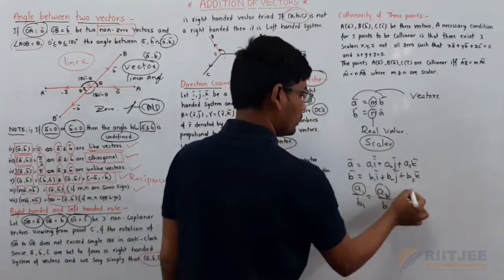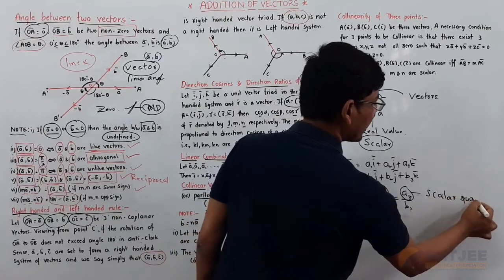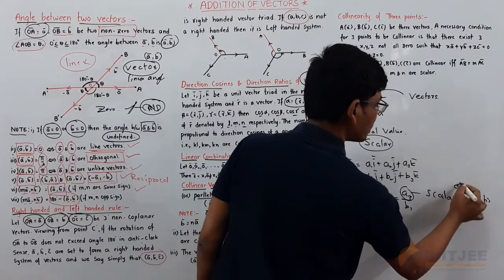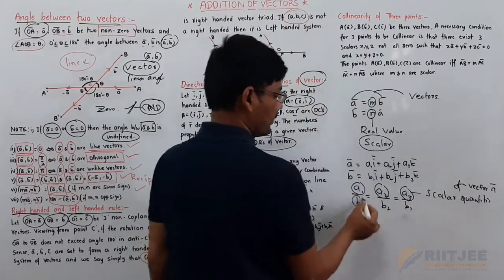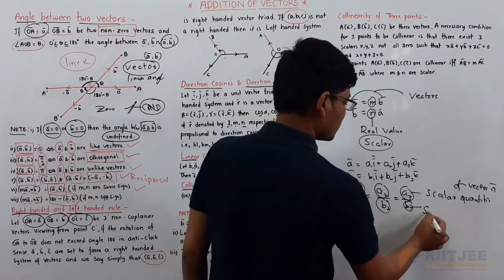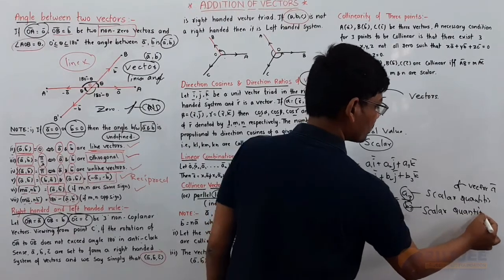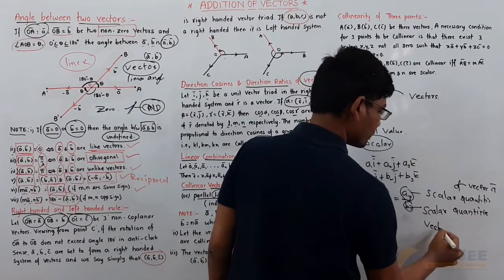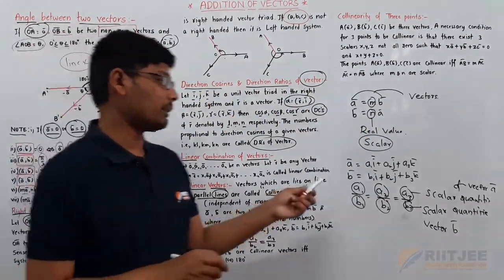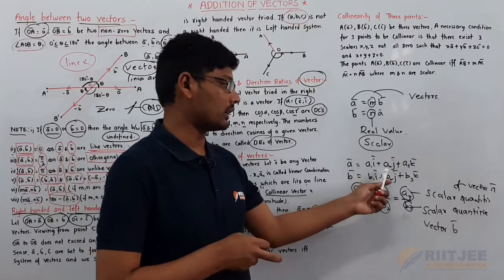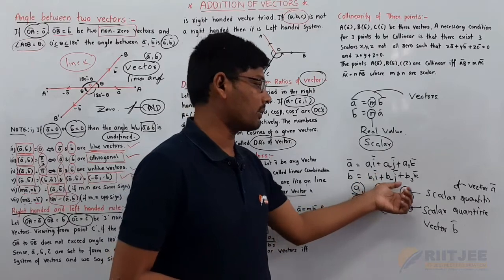Here a1, a2, a3 are scalar quantities of vector a bar, and b1, b2, b3 are scalar quantities of vector b bar. Here we have two vectors, a bar is a1 i bar plus a2 j bar plus a3 k bar, and b bar is equal to b1 i bar plus b2 j bar plus b3 k bar.